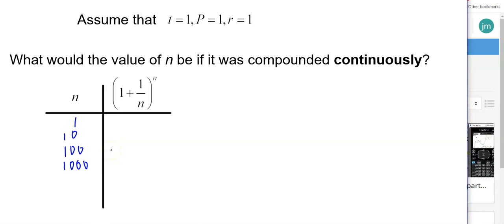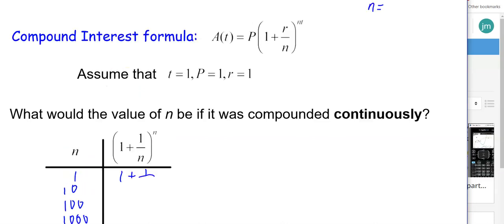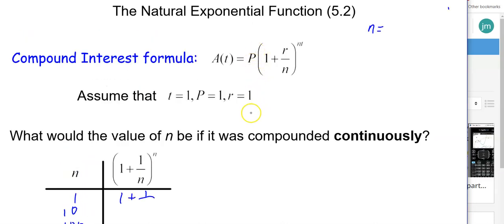But we're going to plug in values for t, p, and r as 1. So if you plug in those values, p is 1, 1 plus r is 1, n is still n, and n times t is 1. So it ends up being this formula, if that makes sense.